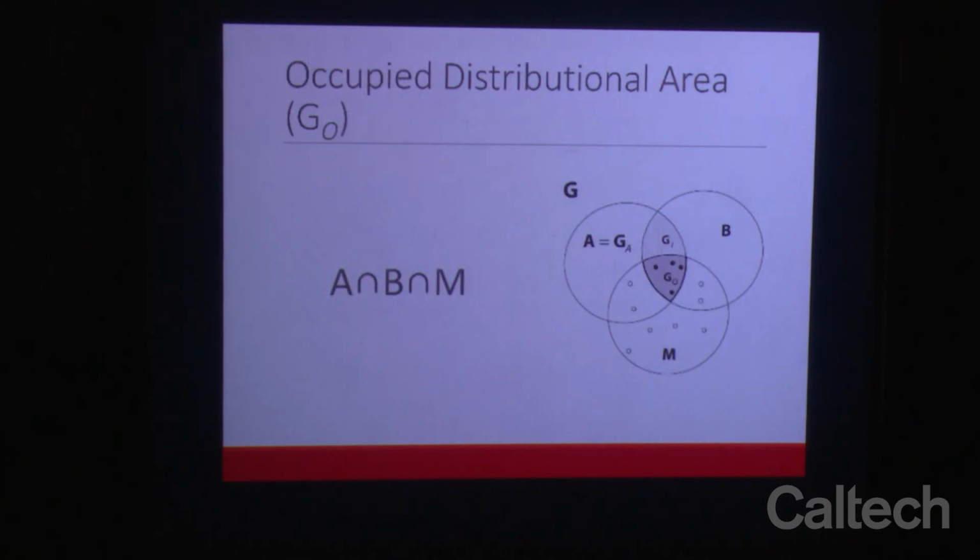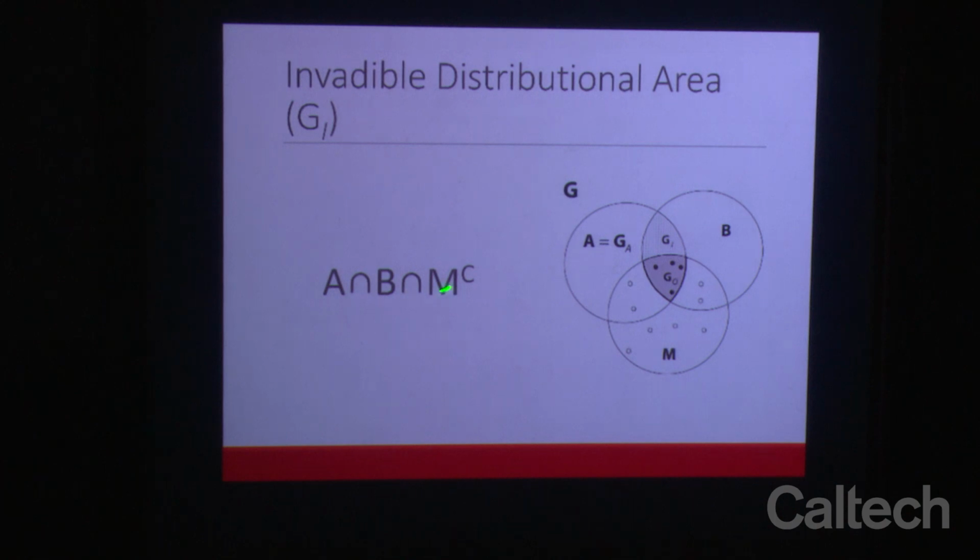So to come back to this and just cement this a little bit, the occupied distributional area for a taxon is really this intersection of the abiotic, biotic, and movement limitations, shown as GO here. This GI, the invadable distributional area, is really simple to get your head around. Basically, this is the area that could be invaded.